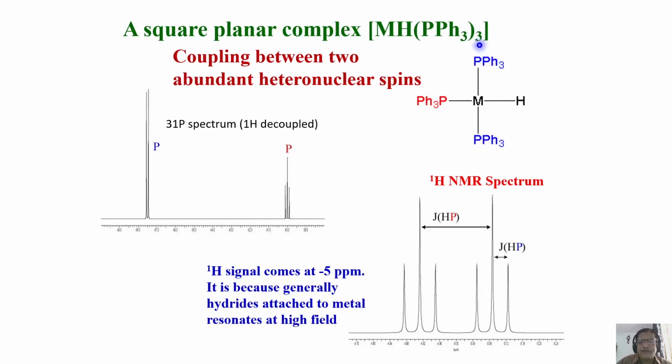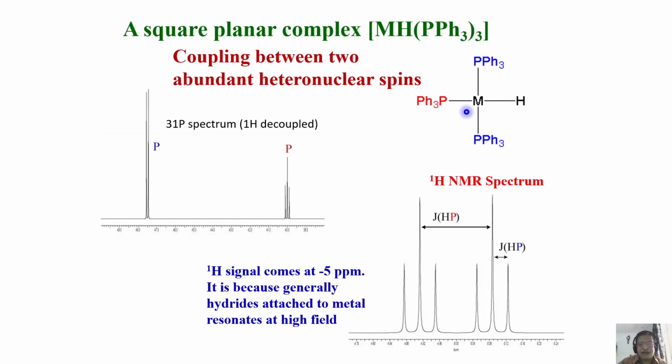So now what I'm going to see is this phosphorus and this phosphorus are chemically equivalent, and this phosphorus is different. If I see the phosphorus spectrum of this molecule, how many peaks should I expect? I must expect a lot of peaks. Remember, phosphorus-phosphorus coupling is seen, and phosphorus-proton coupling can also be seen.